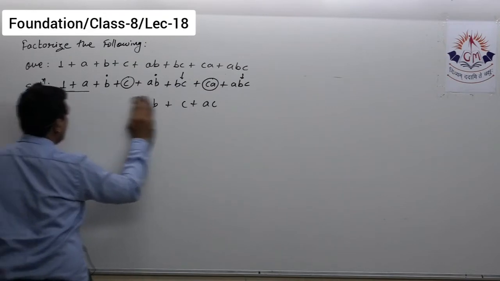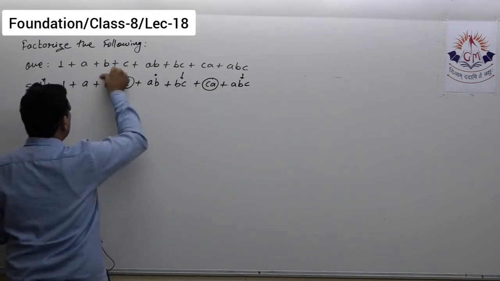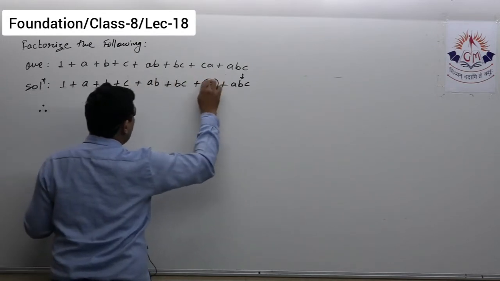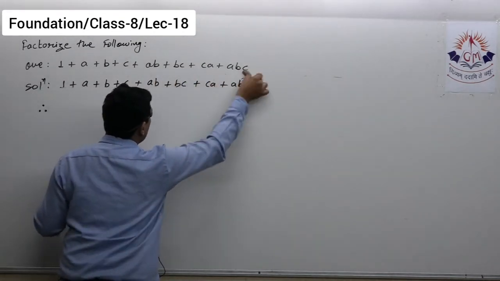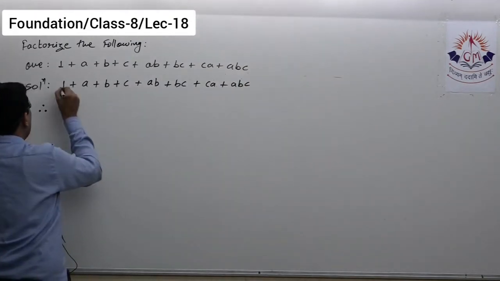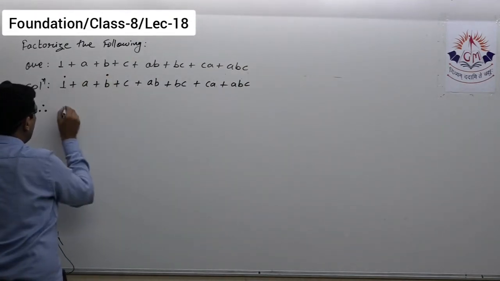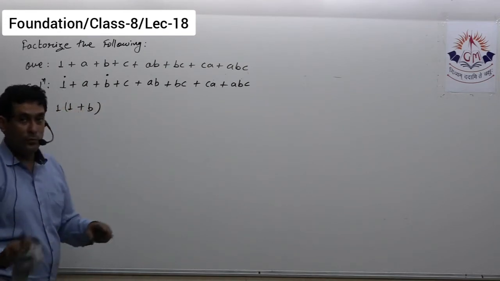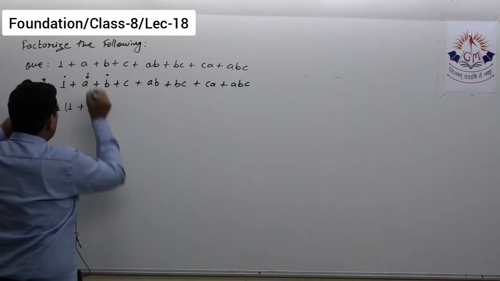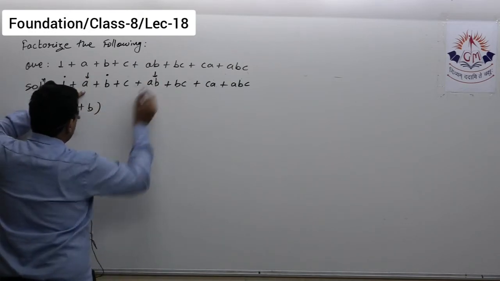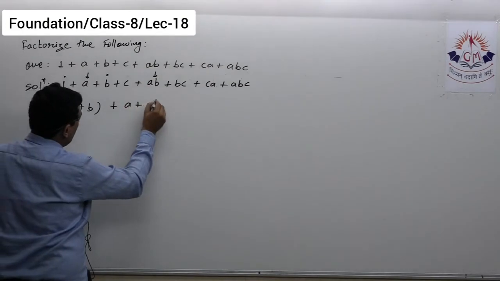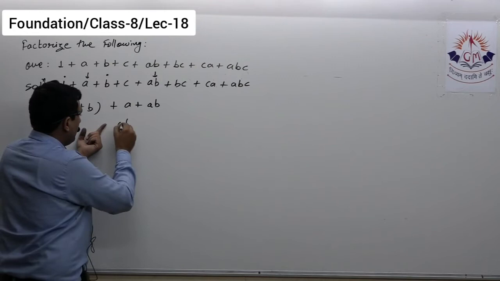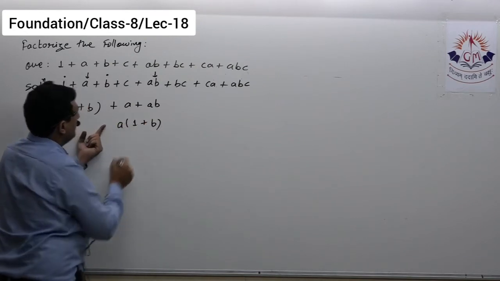Definitely I will proceed, but suppose I want to factorize this in such a way that in the first bracket I do get 1 plus b. For a while, if I think that I will take these two together, 1 plus b, by taking common. Now I have to take this a with ab. If I take these two, a plus ab, then after taking a common, I will get 1 plus b, isn't it?